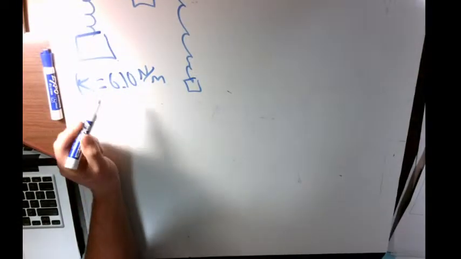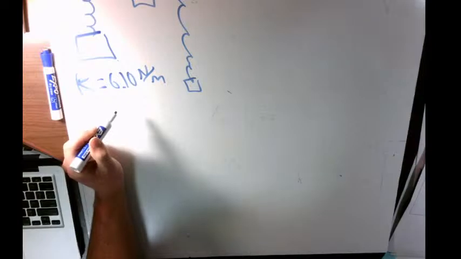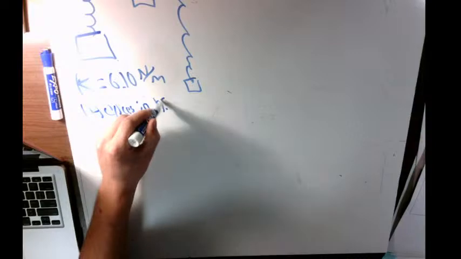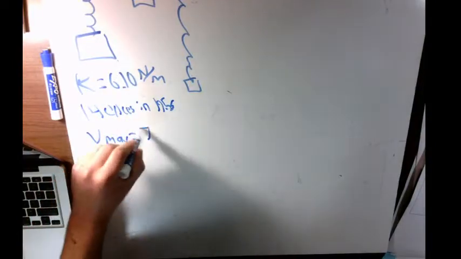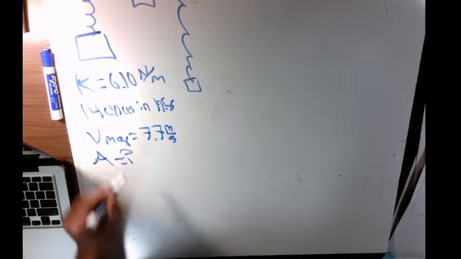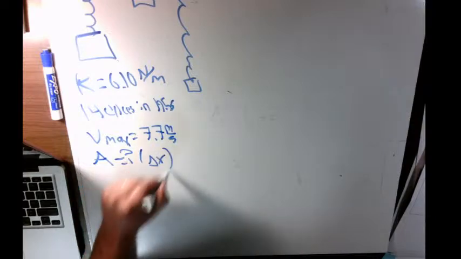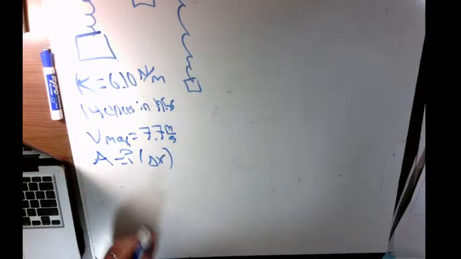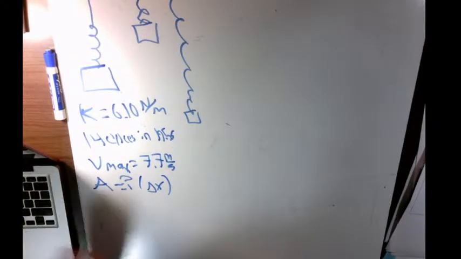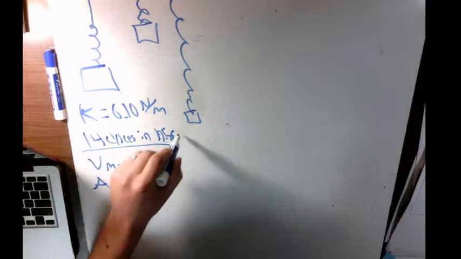The mass is bobbing up and down with 14 cycles in 19.5 seconds. We know the max speed is 7.7 meters per second. We want to find the amplitude, which is our distance from equilibrium at its max point. All right, let's first make some sense out of this.